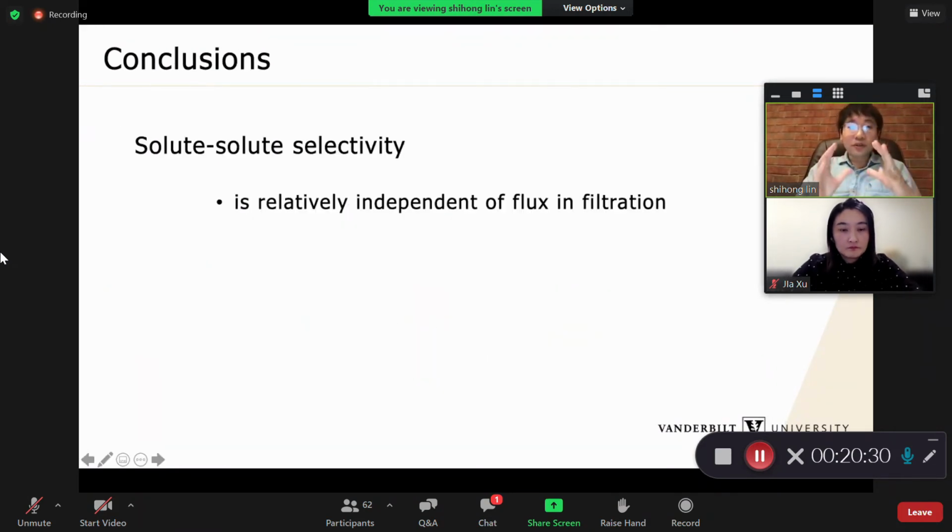Okay, so the conclusion here is that the solute-solute selectivity is relatively independent of flux in filtration, which is good. It means that no matter what flux you use, the data should be comparable between different experiments.